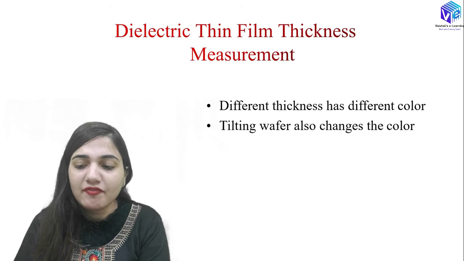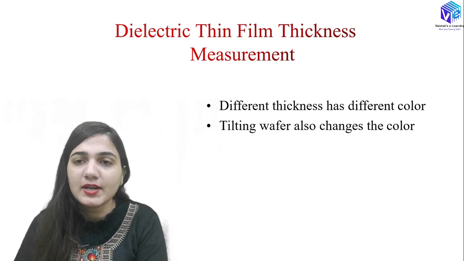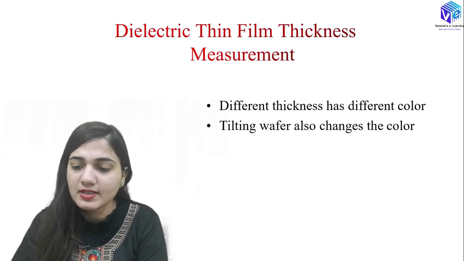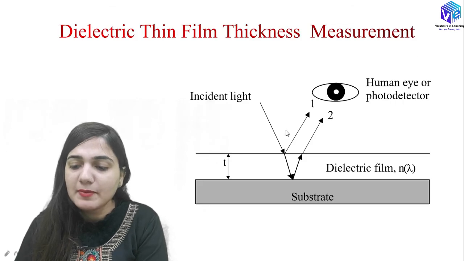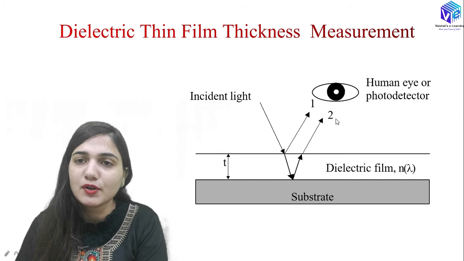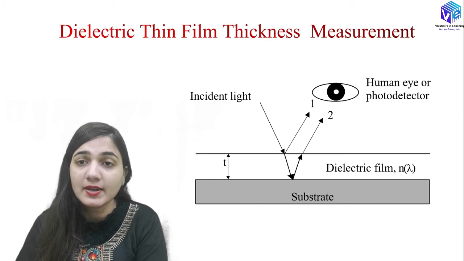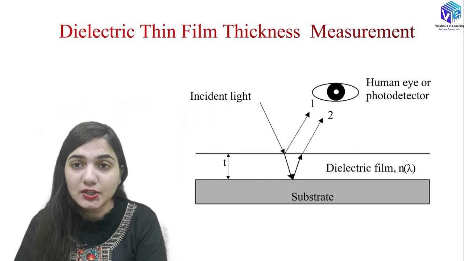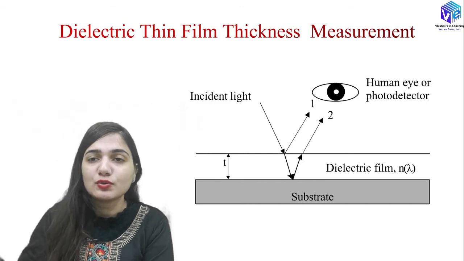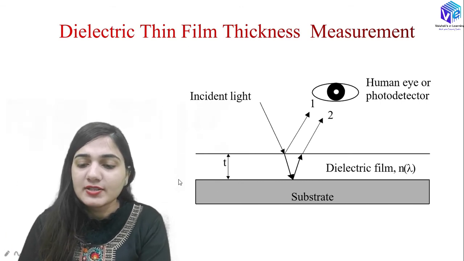If I have different thickness, it is going to give me different colors, because here you can see we have the phase gap between light 1 and light 2. Either constructive interference or destructive interference is going to happen, and because of that I get a particular color for this thickness.